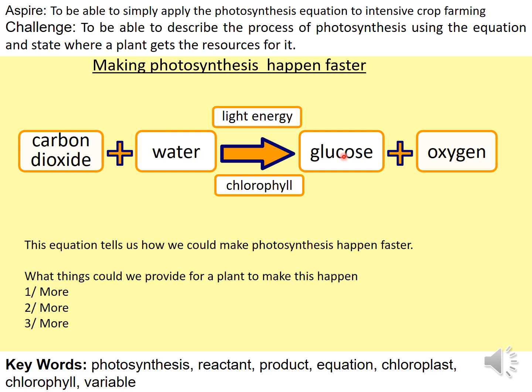What things could we provide for a plant to make this happen? So I put the word more 3 times down there. Looking at the equation, what can I provide that will make that equation produce more glucose? Just spend 30 seconds now, see if you can think of 3 things that you could change.